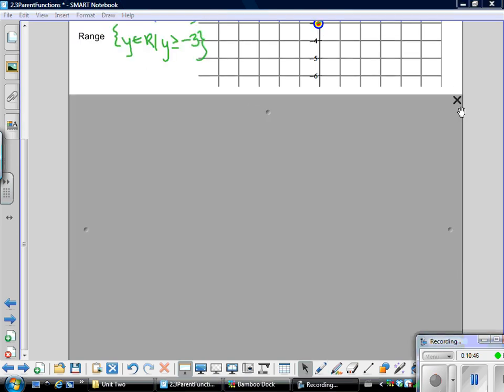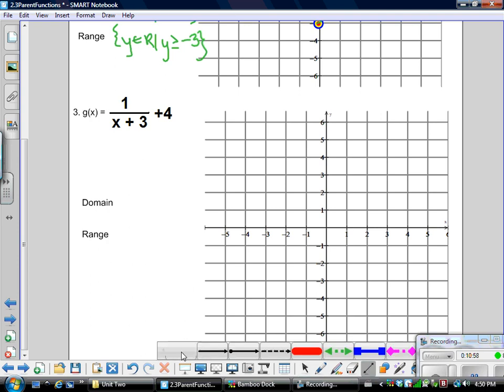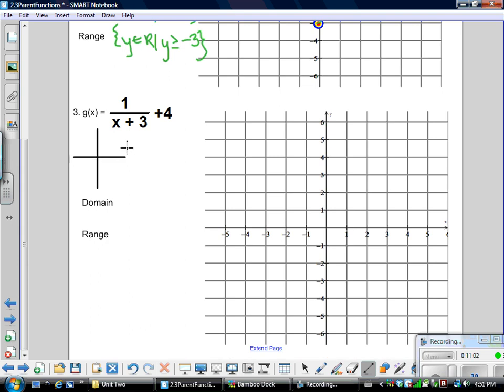And finally, our last question here. Okay, so we have this one, y = 1/(x + 3) + 4. So they have a couple things going on here. But first I need to recognize what my parent function is. Now this time I didn't draw it, so I know I have my axes. And I also know that this is a graph that has those asymptote lines. So on the parent function it has the asymptotes. And remember, from where the asymptotes intersect, I go over one, up one, and I go to the left one, down one.